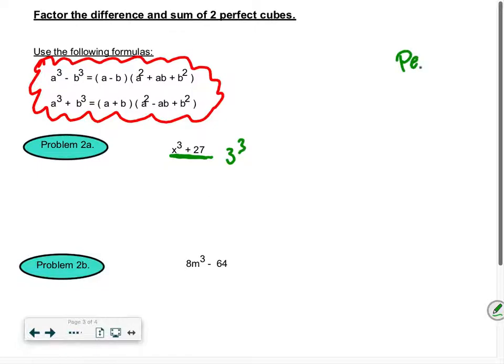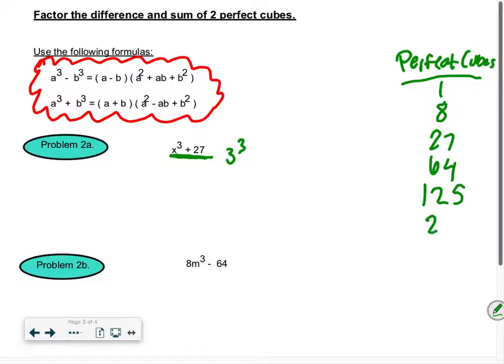Here is a list of perfect cubes. We have 1, 8, 27, 64, 125, and 216.